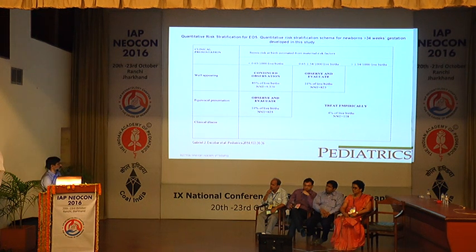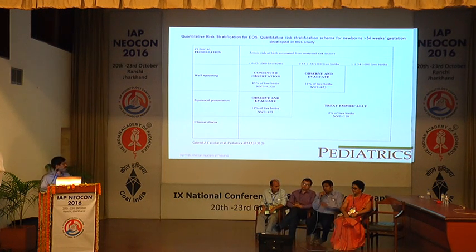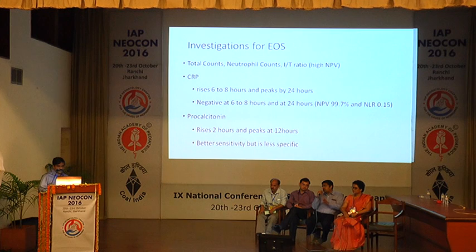Manas, any other methods are there? Any tests are there for us to say that, okay, this is not infection? Can we do some tests? Basically, all the basic investigations like CBC and CRP are done early in life. So if I look at early onset sepsis, I should have a repeat testing of these parameters at a later part of life, maybe around 8 to 10 hours after this test.